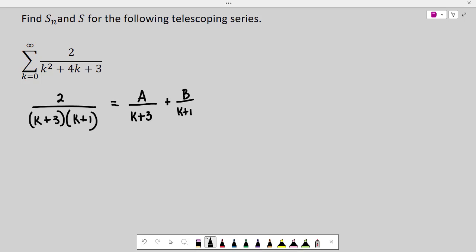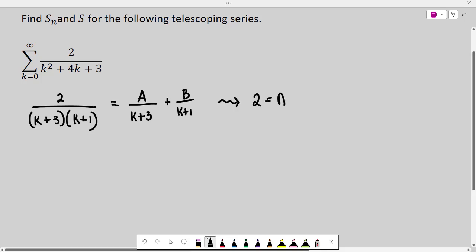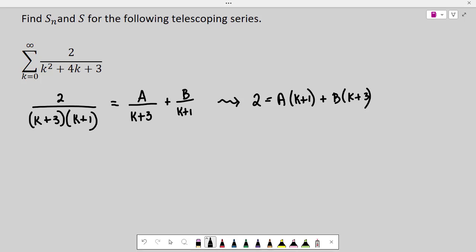Okay. Multiply through by the left denominator. So we get 2 equals a times k plus 1 plus b times k plus 3. Both of those denominator factors are linear, so we can use our method of convenient values.